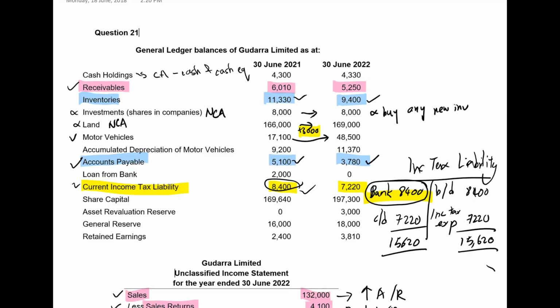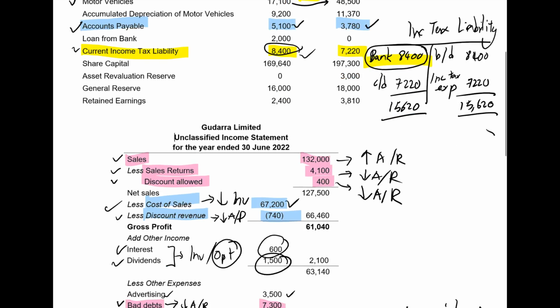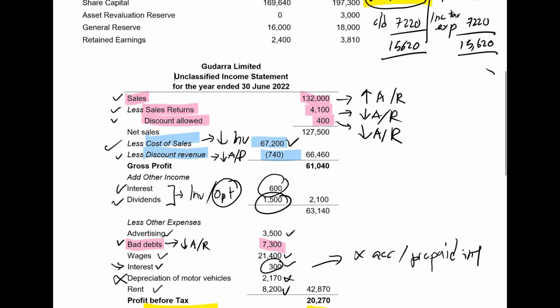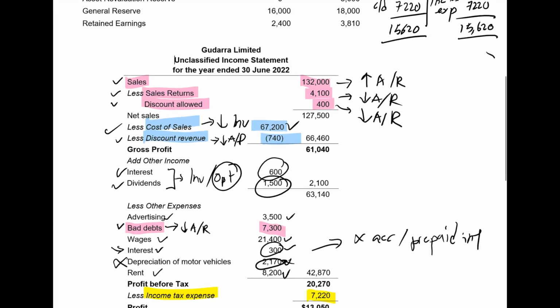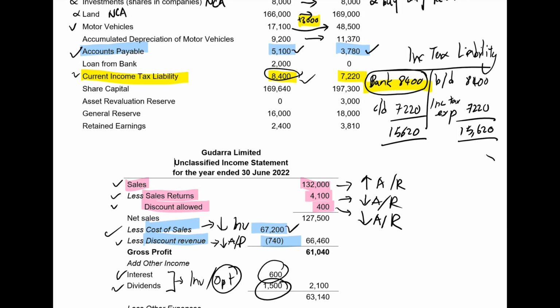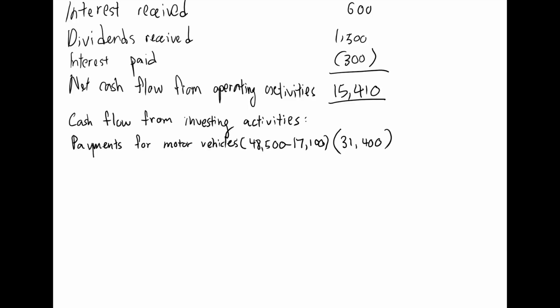For your accumulated depreciation, the difference in accumulated depreciation will be the same as the depreciation that you get over here. If you look at the difference, it will be 2,170 as well. And for depreciation, there's no cash inflow or outflow, so you don't need to record it. So the only thing you need to record when it comes to non-current assets is the payments for motor vehicles.